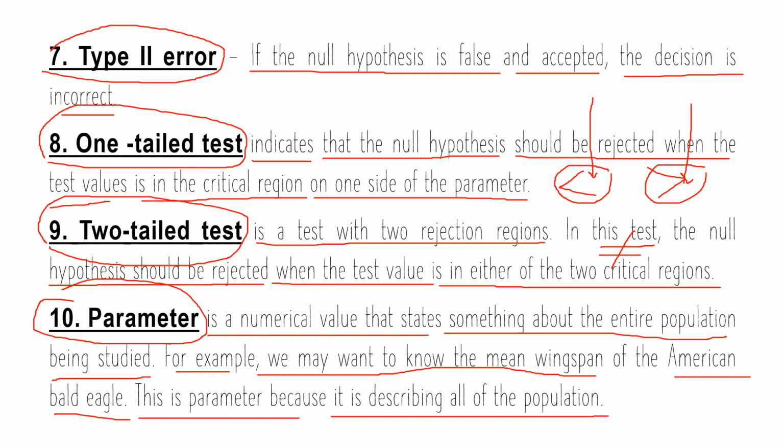Now, in testing hypothesis, we always want to check if your population mean is equal to your parameter. Most of the time, our assumption or hypothesis will depend on that, because we always assume that your population mean will be equal to your parameter. So that will be your parameter.